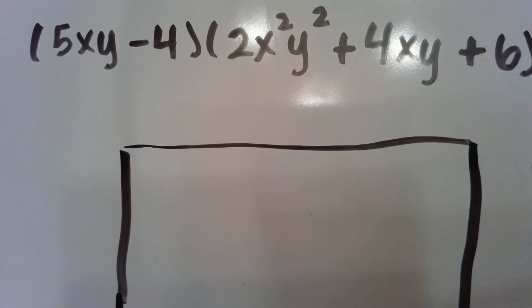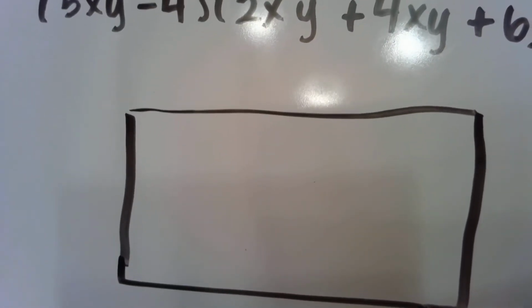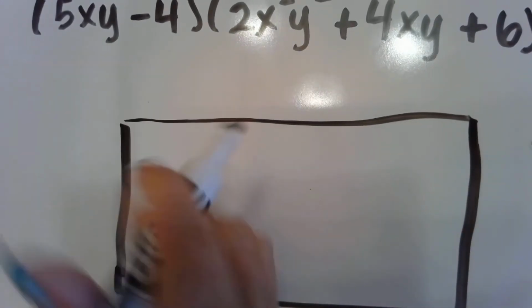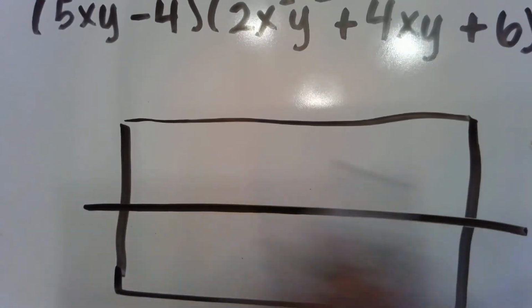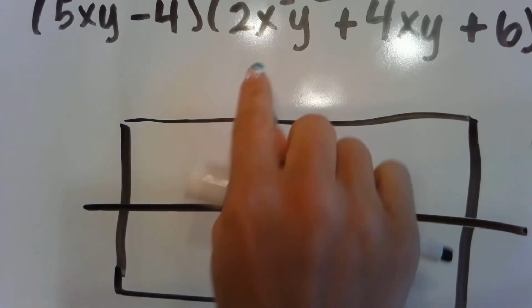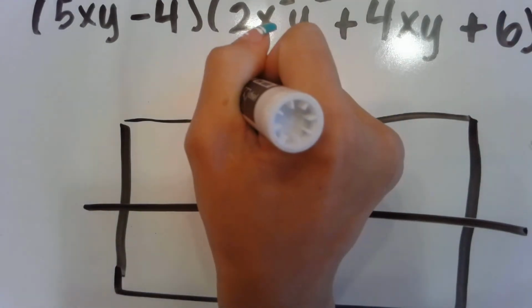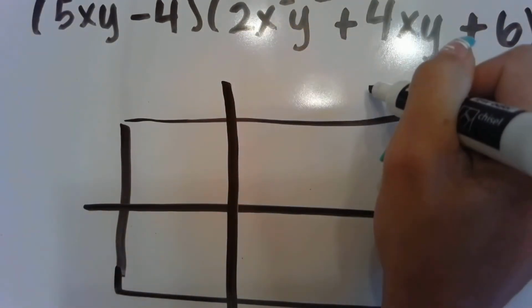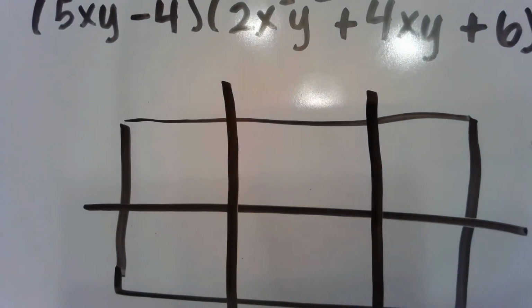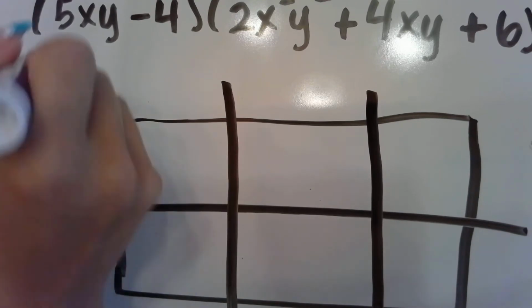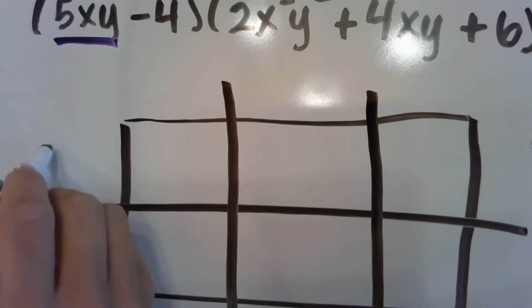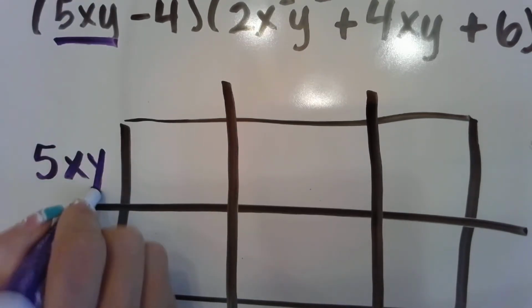And I know that there are 2 pieces here, so I'm going to make sure that there's 2 pieces, like this is cut in half, and that there are 3 pieces here, so I need to make sure that there's enough room for all 3 of them to fit. So we have 5xy, so I'm going to write 5xy here.